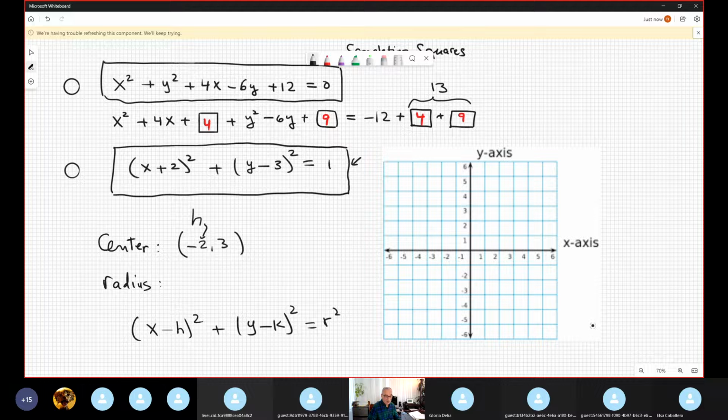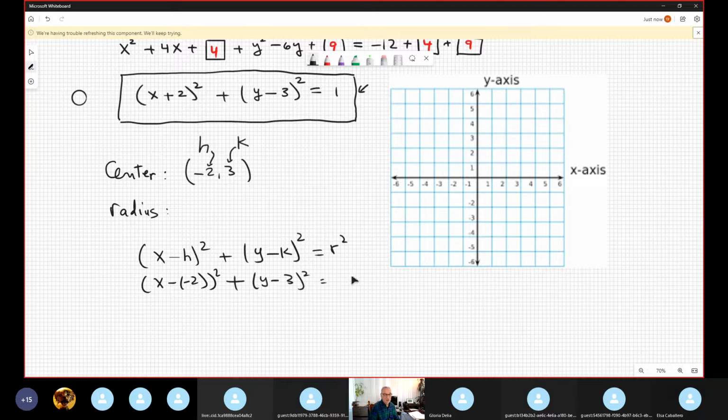Plugging in negative 2: x minus, minus 2, squared, plus y minus k, and k is positive 3. Equal, I have no idea, this is not my problem about the radius now. You see that the double negative becomes positive, and here it stays negative. And you see that this is exactly the same as this. Do you understand now?